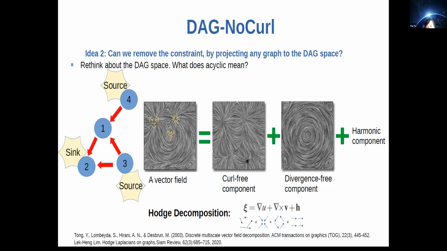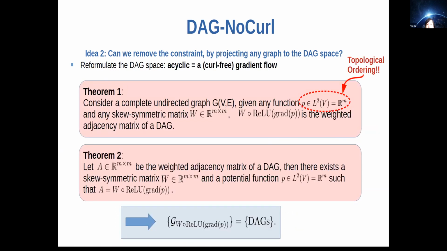So which component has no cycle? The curl-free component. So maybe we should associate the DAG with a curl-free component or a curl-free graph. That is basically the motivation here. So we try to reformulate the DAG space, firstly, into a curl-free gradient flow space.